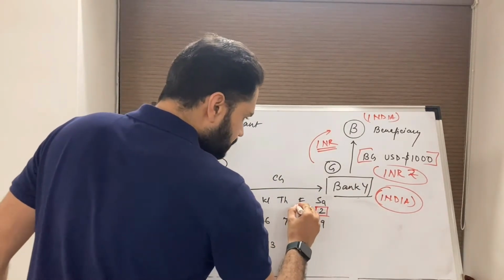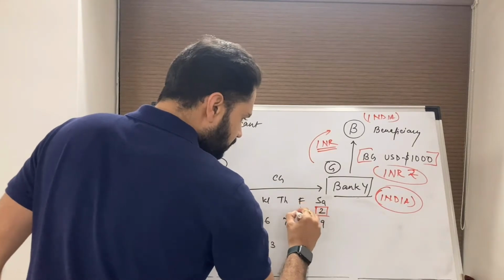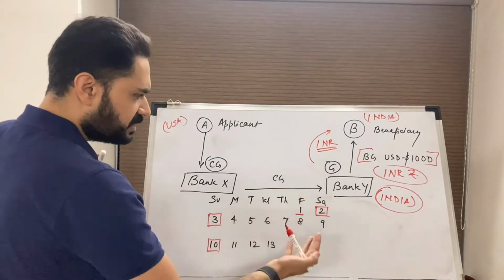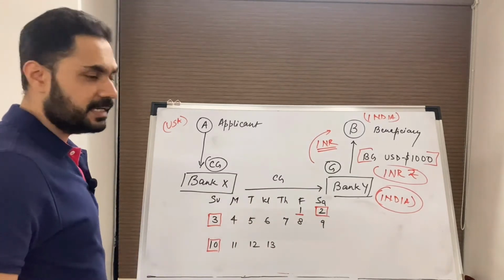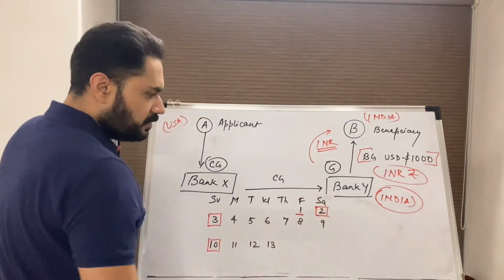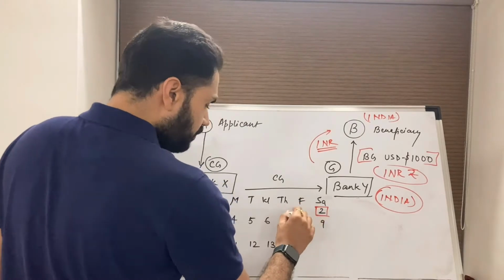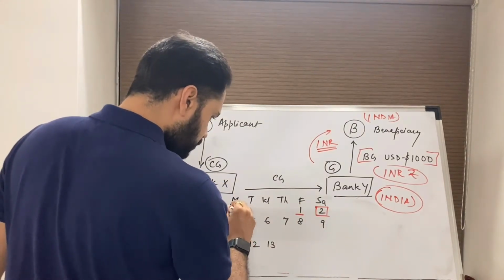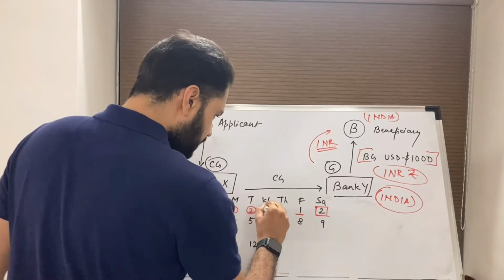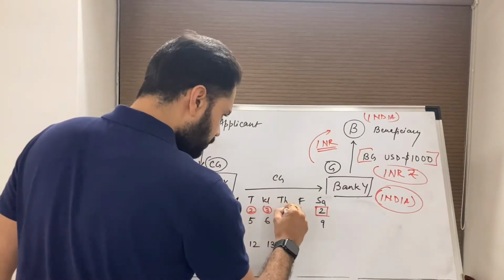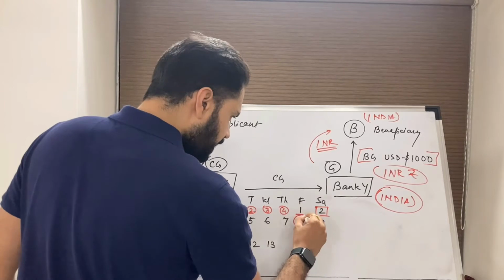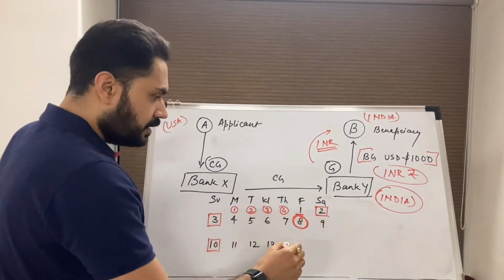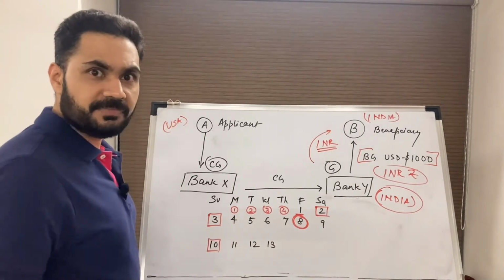Suppose the demand is presented on the 1st. This can be any month; I've just taken random calendar dates. The demand is presented on the 1st. Now day 1 will be the 4th, day 2, day 3, day 4, and on or before the 8th, payment has to be made to the beneficiary.